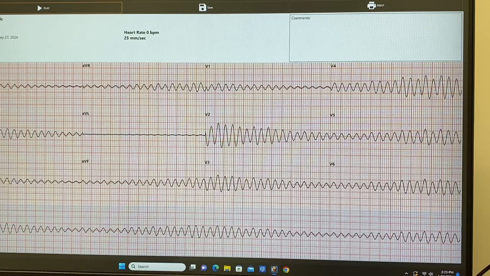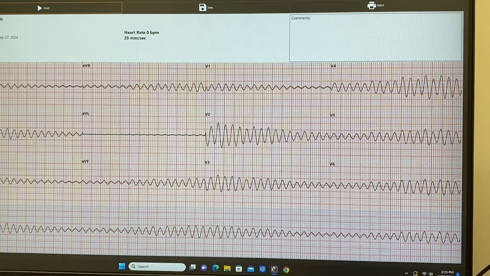What about the width? Well, this one's like 1.5 from the base. 1, 2, 3, 4. So we know we have a what rate?